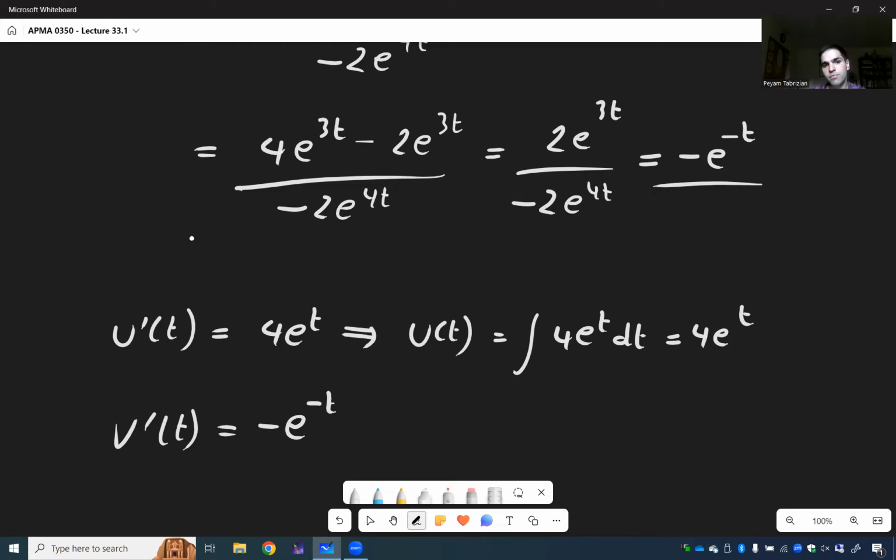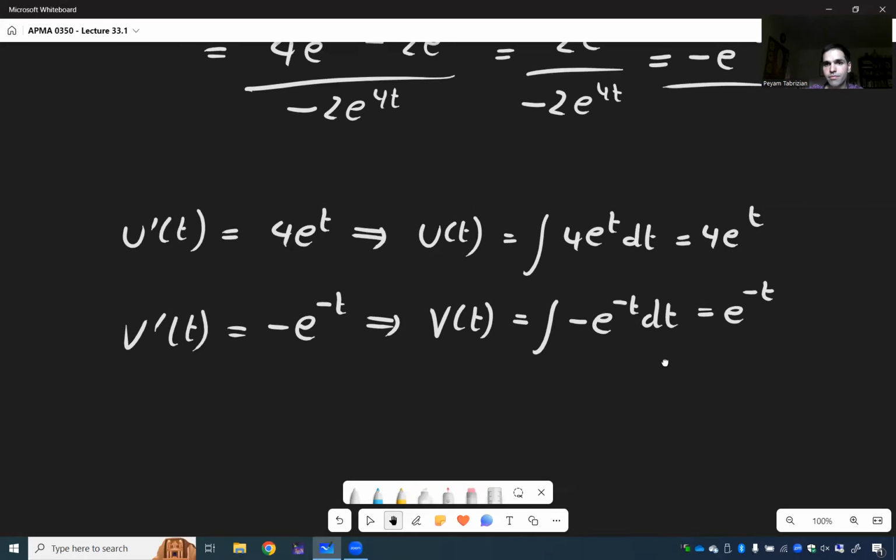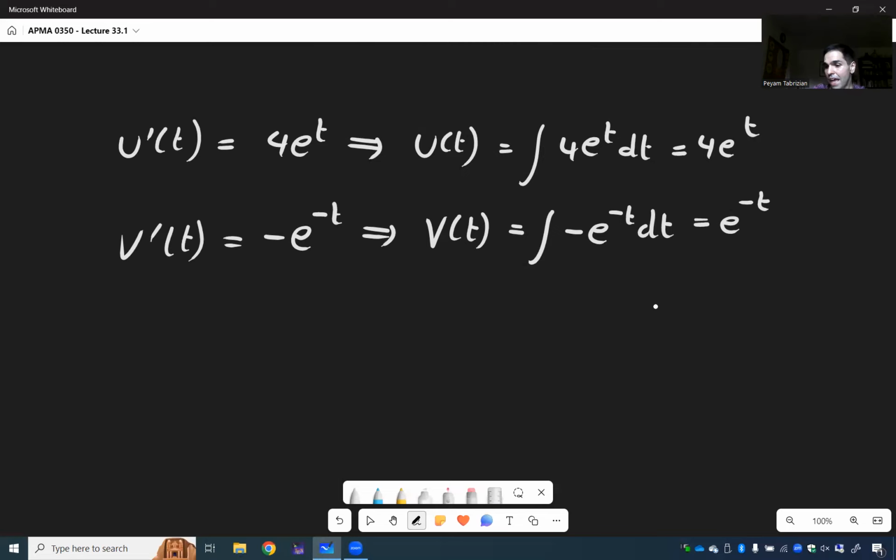And v prime is minus e to the minus t. So v of t is the integral of minus e to the minus t dt, which is just e to the minus t. Because if you differentiate e to the minus t, you get minus e to the minus t. Great. And now we have our particular solution.